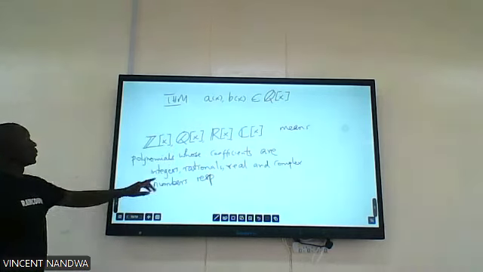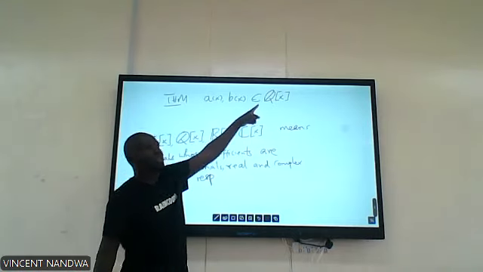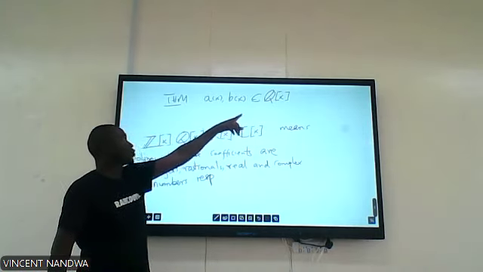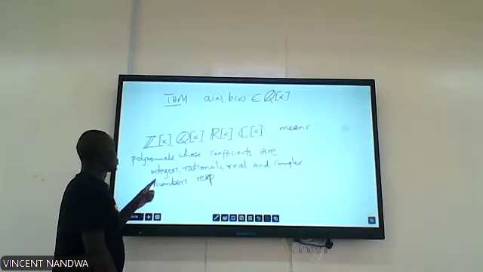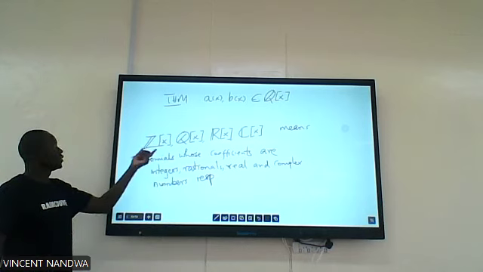So when I'm writing A of x, B of x, this means that these are polynomials whose coefficients are rational. So this means a polynomial whose coefficients are purely integers.